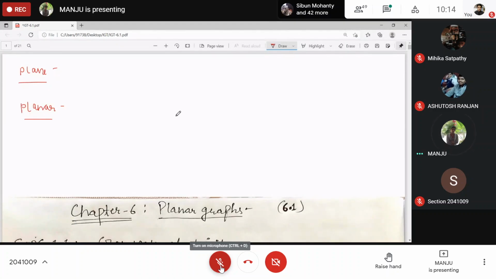Define it. What do you understand by a plane graph? Where edges do not cross. So this is a graph drawn in such a way that edges do not cross.